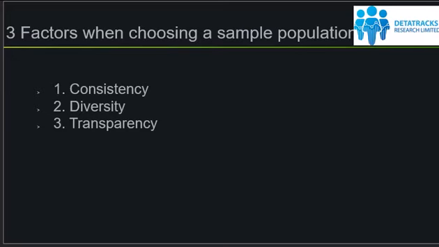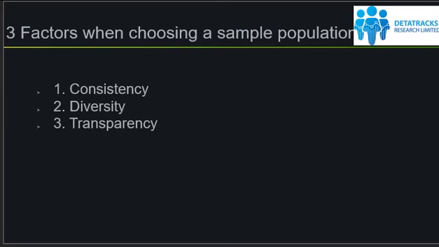How you choose this subset of the target population is crucial to the quality of your data. This group must be carefully identified and representative of the larger population, else your data will not be useful for drawing inferences.